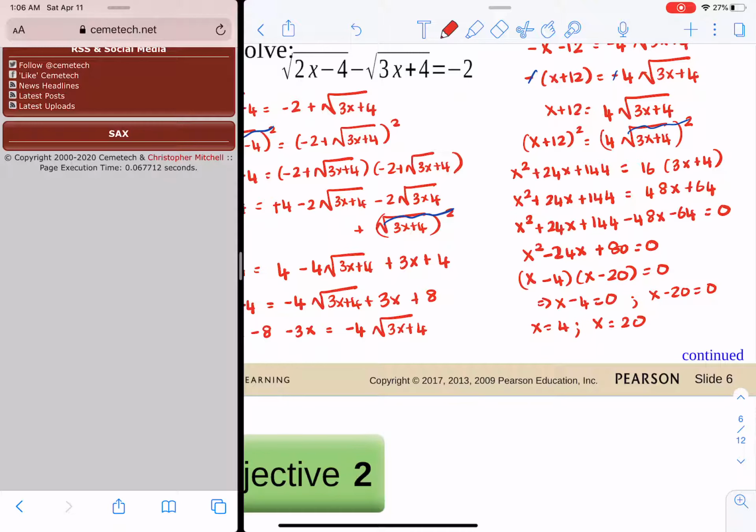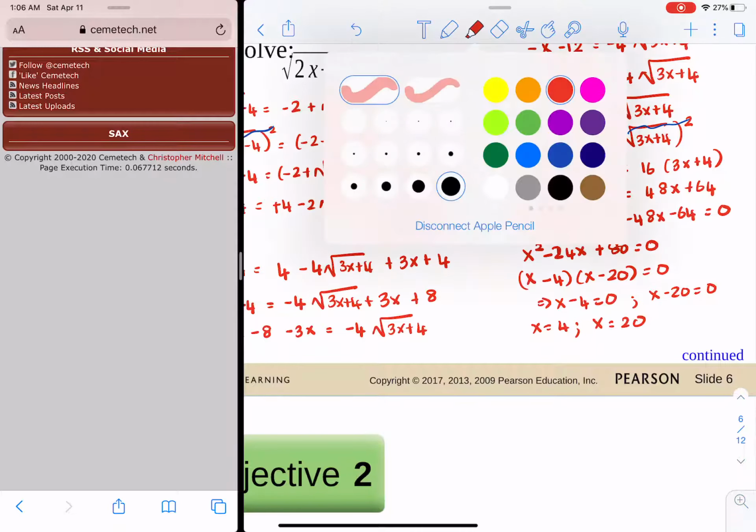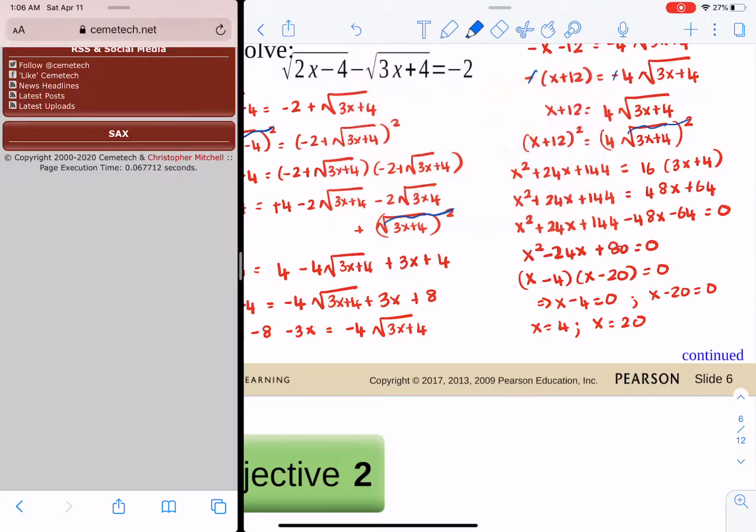So I'm going to plug in x equal to 4 in the original equation. Square root of 2 times 4 minus 4, minus square root of 3 times 4 plus 4, and I need to get negative 2.